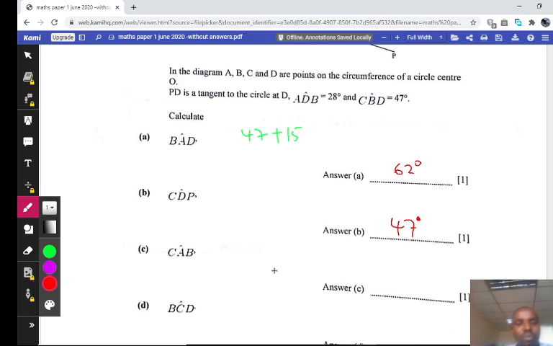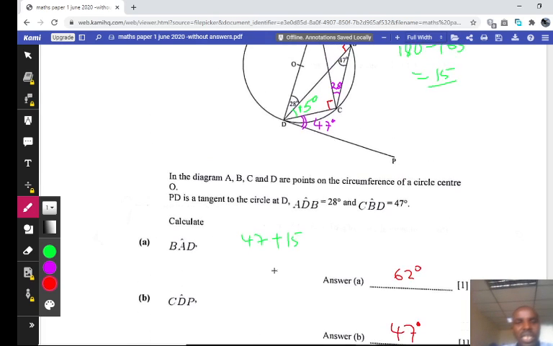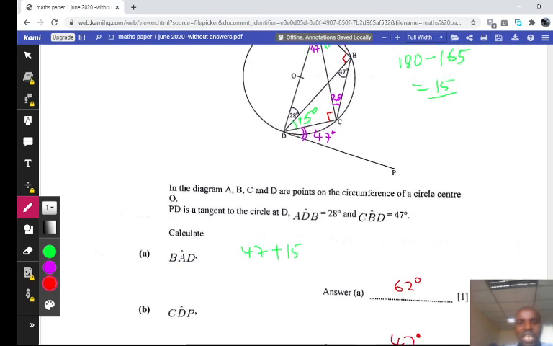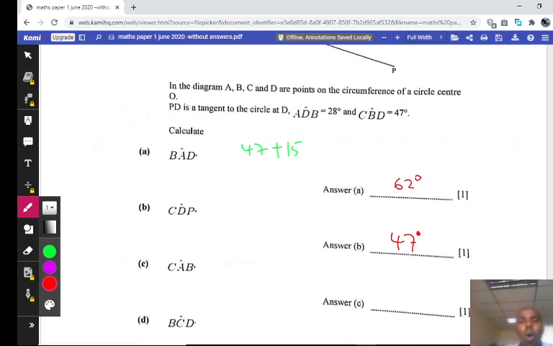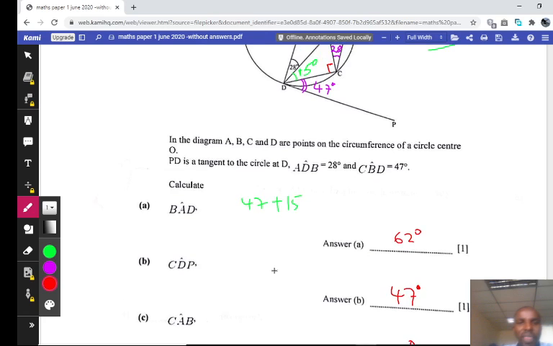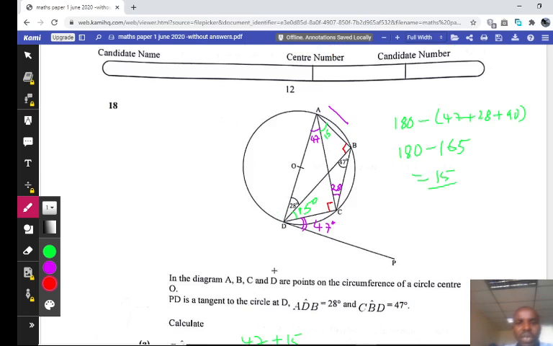The next, CAB. CAB is equal to 15 degrees. Angles subtended by the same chord that are equal, so it's 15 degrees. Next, BCD. Angle BCD, B, C, then D is equal to 90 plus 28.